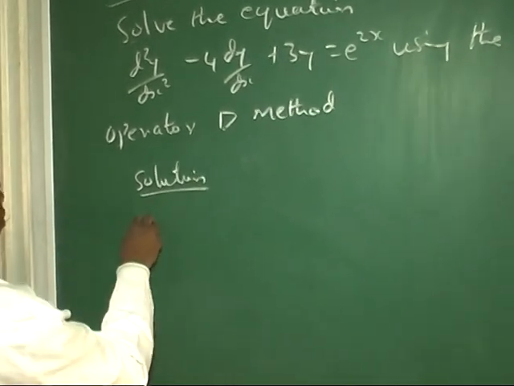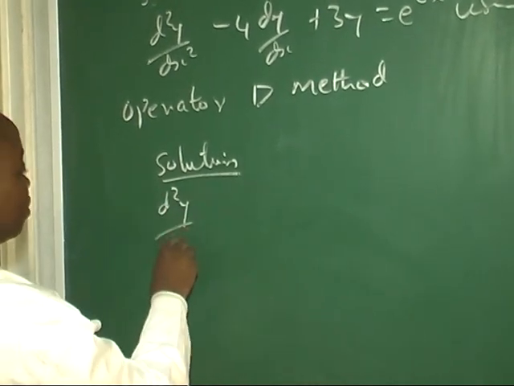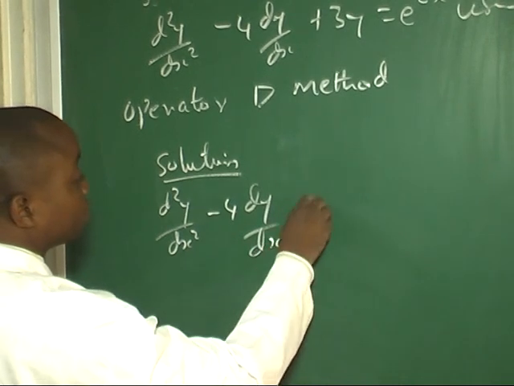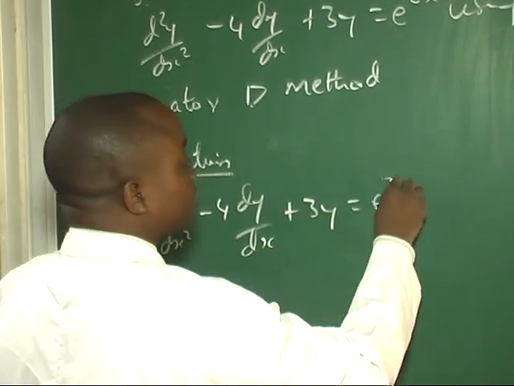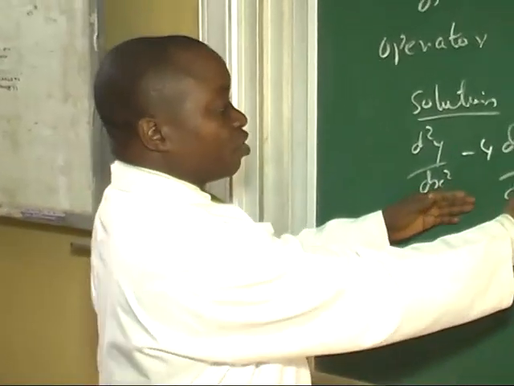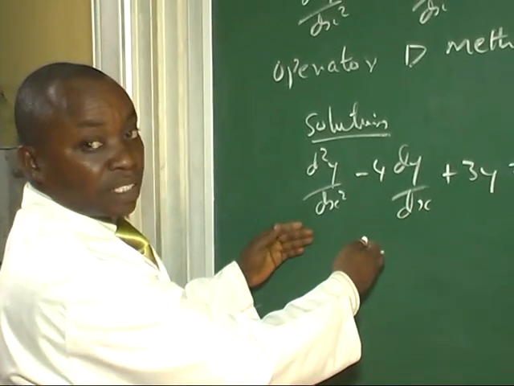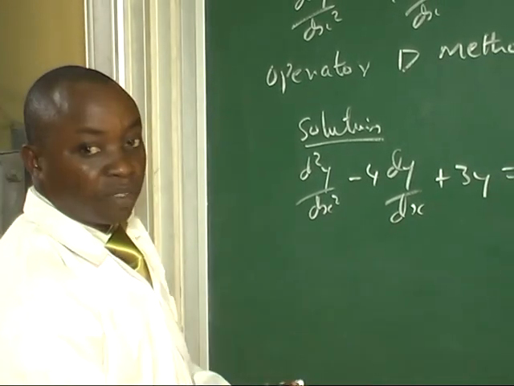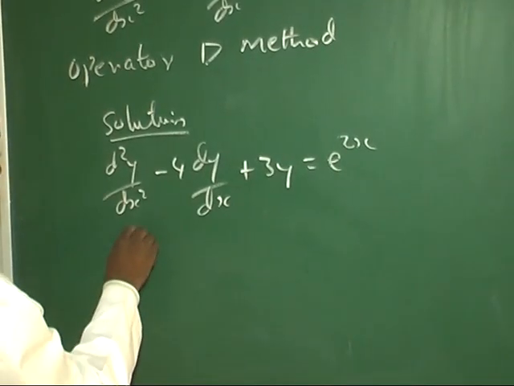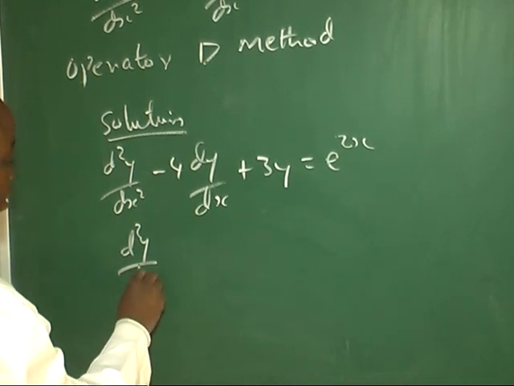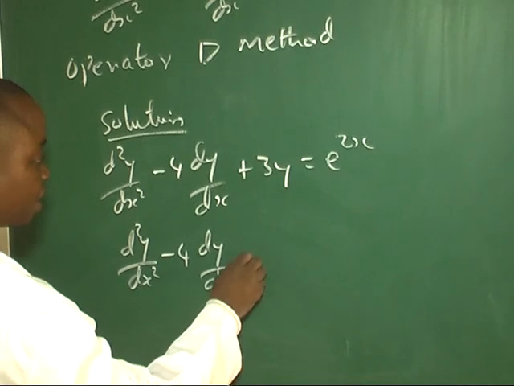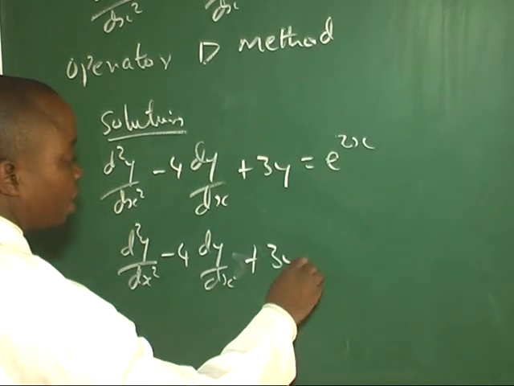Solution: the first thing we'll do is consider the left hand side as usual by equating it to 0, so that we solve the homogeneous part first. Then we'll have d squared y over dx squared minus 4 dy/dx plus 3y is equal to 0.